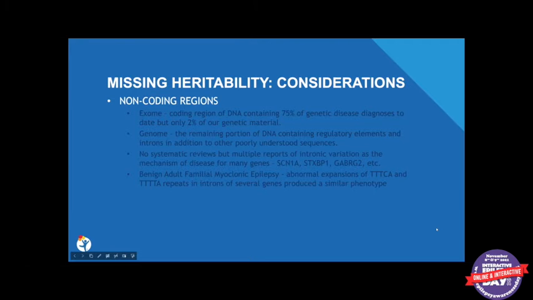And many of the genetic epilepsies that we know about do have variations in intronic regions associated with those genes. And I've listed some of the ones that have been reported so far. And so this may affect how the gene is cut and put together, how the gene is turned on, how the body is told to start producing this protein, etc.